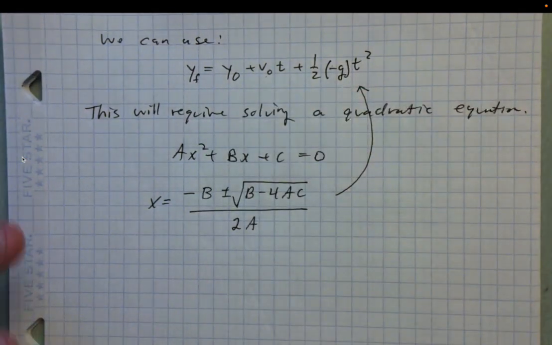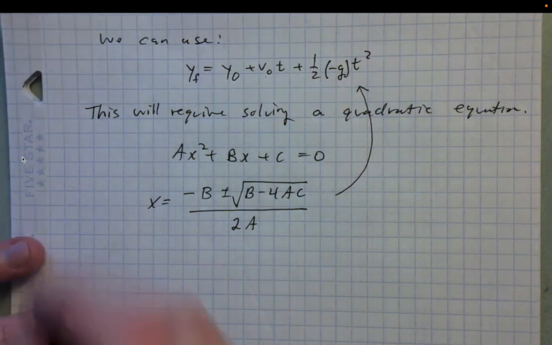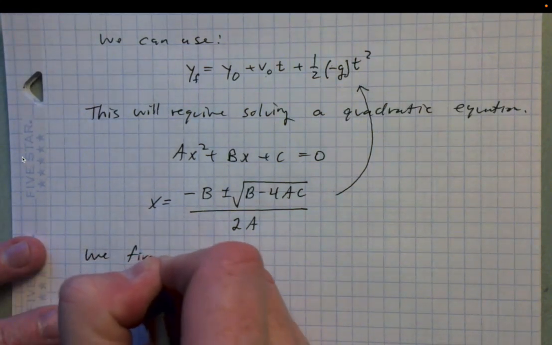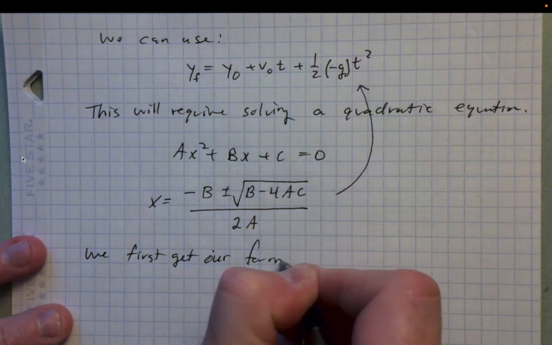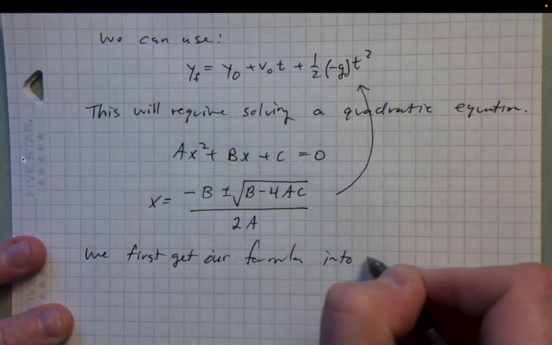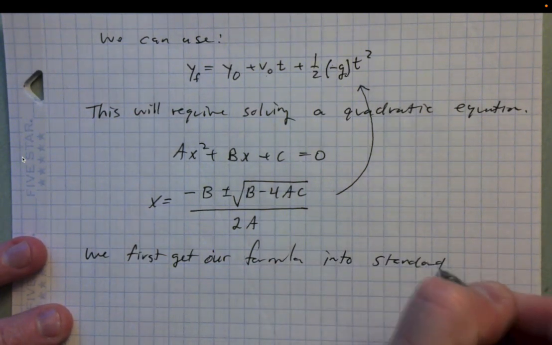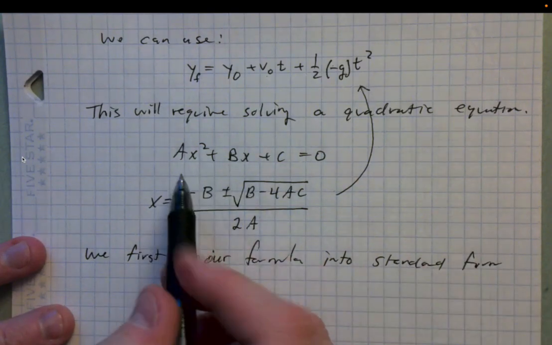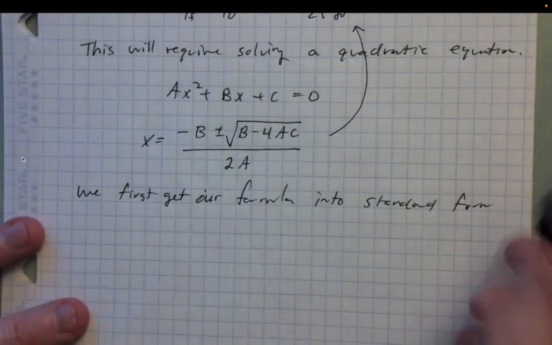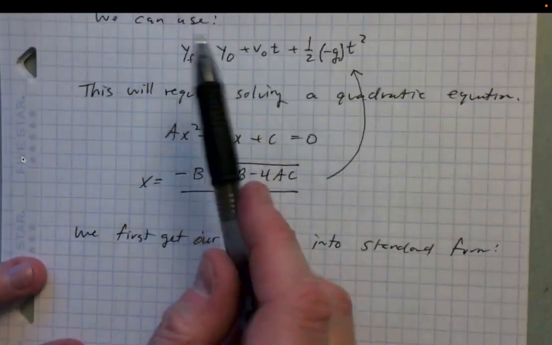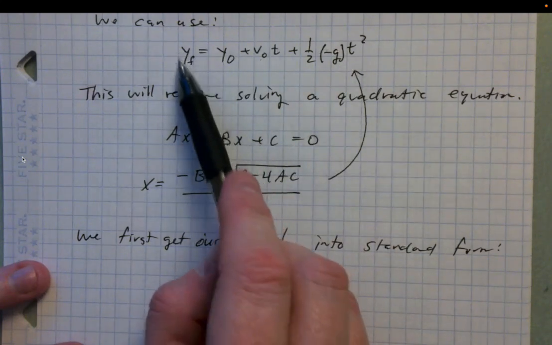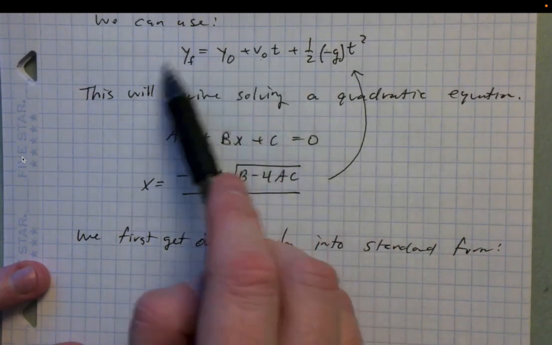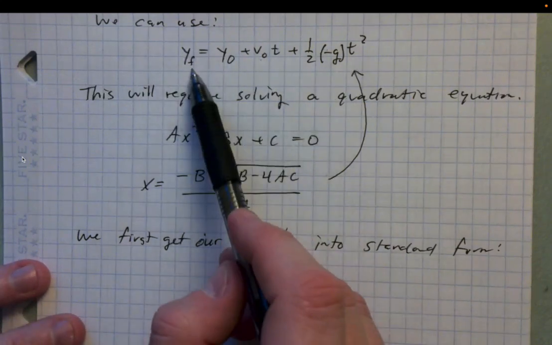We have to do a little bit of work to it, right? So we first get our formula into standard form, meaning the form above, ax squared plus bx plus c equals 0. The way we do that is we need the whole thing set equal to 0. So we're going to subtract off this final position term from both sides, bringing it to the other side.